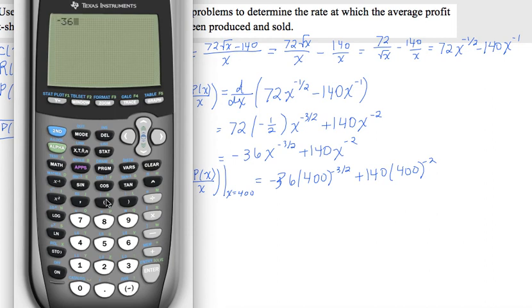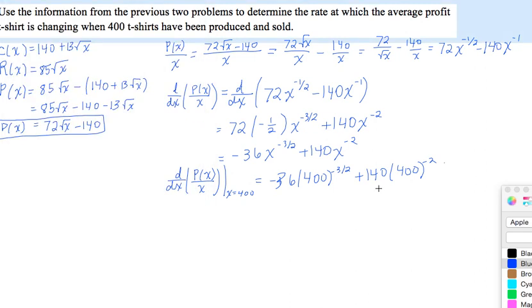Negative 36 times 400 to the power of negative 3 halves plus 140 times 400 to the negative 2. So I get negative 0.003625.